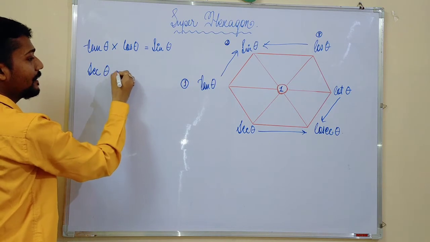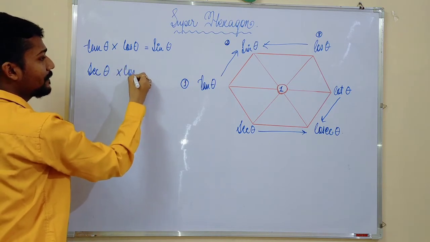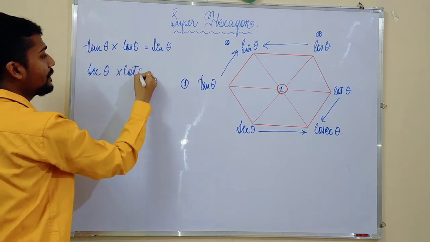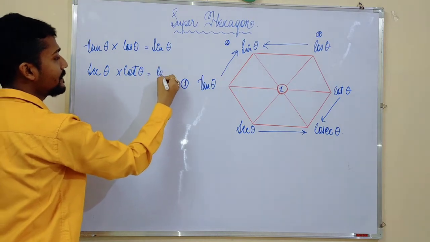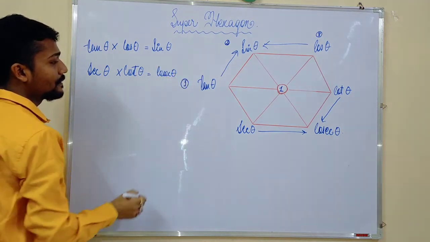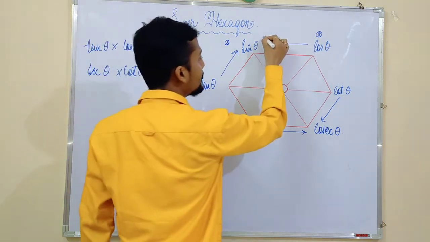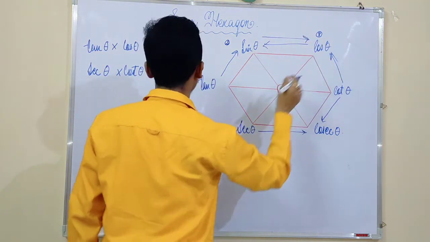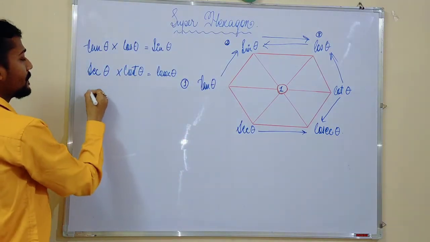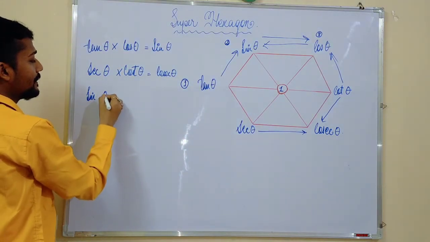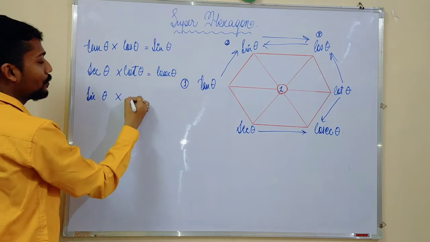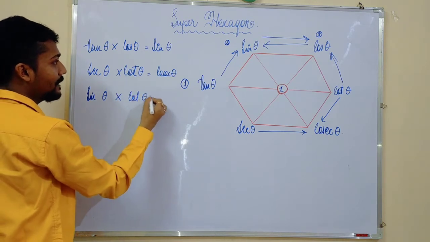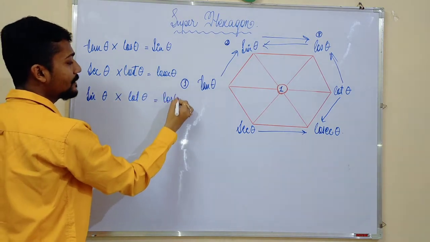Sec theta into cosec theta, cot theta is equal to cosec theta. Similarly, what can we take? Sin theta into cot theta is equal to cos theta.